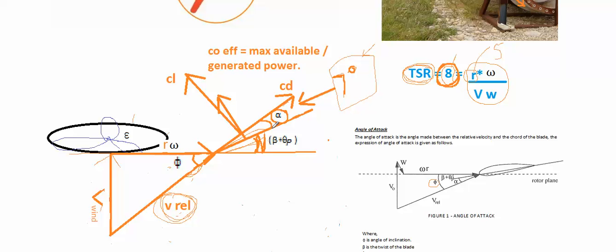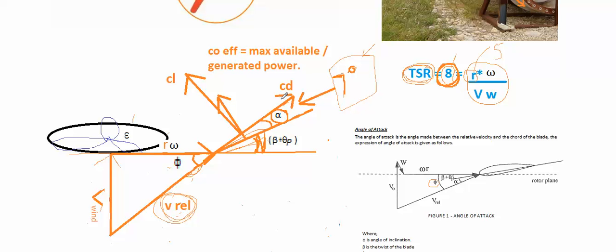So we have designed the twist for tip speed ratio of 8. Exactly at 8 tip speed ratio, our wind turbine, at least this element, will be very happy. It would generate the best possible coefficient of power because it has the best possible lift to drag ratio because alpha is 7 degrees. But what will happen if the tip speed ratio changes?